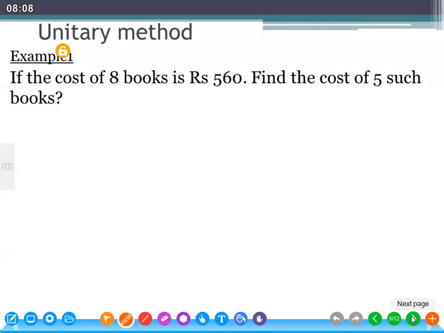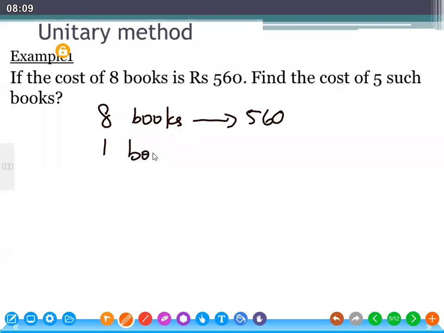So look at the example. The cost of 8 books is rupees 560. Find the cost of 5 such books. Unitary method means you have to find the value for 1. So the price of 8 books is 560. For 1 book, you have to divide by 8. So that is equal to 70 rupees.